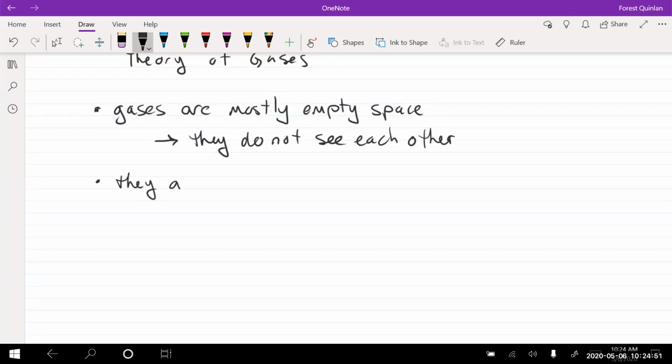They have no affinity for their container nor each other.